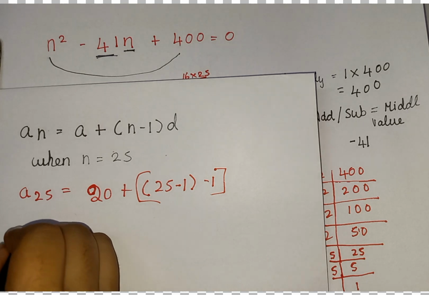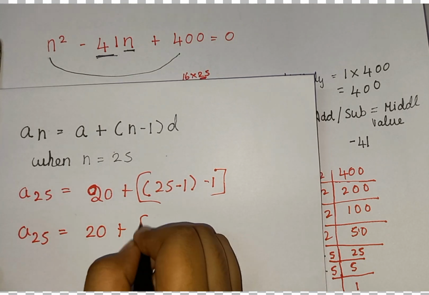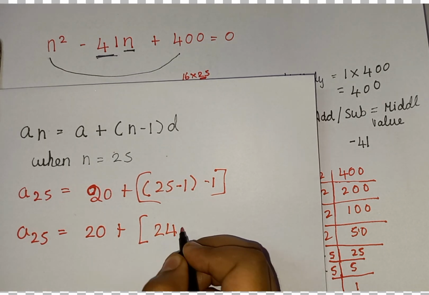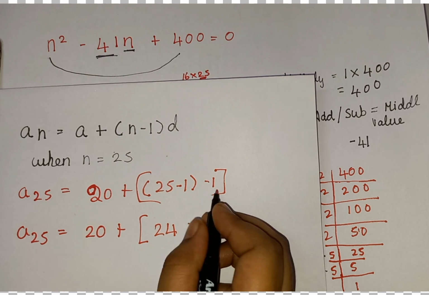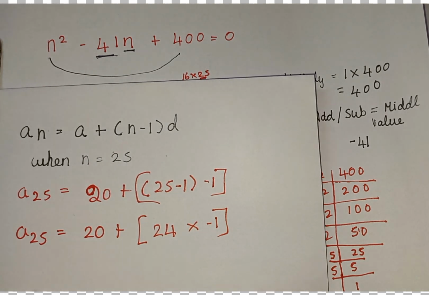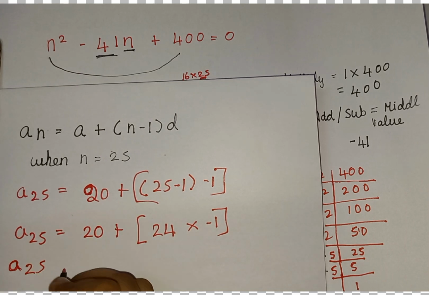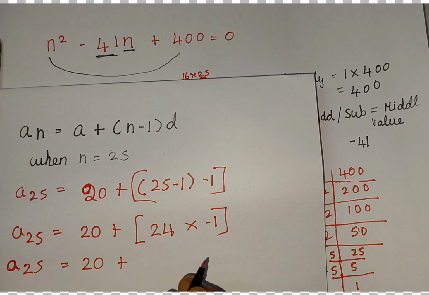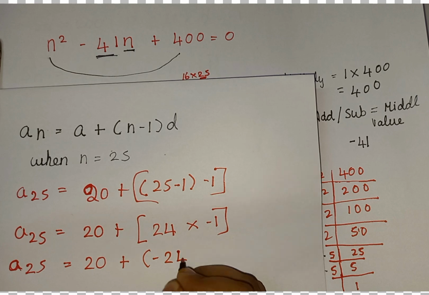So a25 is equal to 20 plus 25 minus 1 is 24 into minus 1, and close the bracket. So a25 is equal to 20 plus, minus 1 into 24 is minus 24.